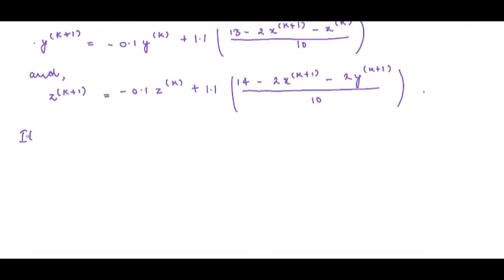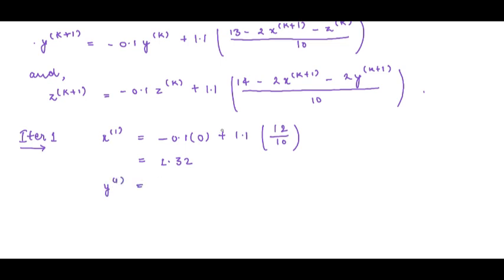And with iteration 1, we get the x1 value with the initial values as 0. We get x1 as minus 0.1 times 0 plus 1.1 into 12 by 10, and hence got 1.32.